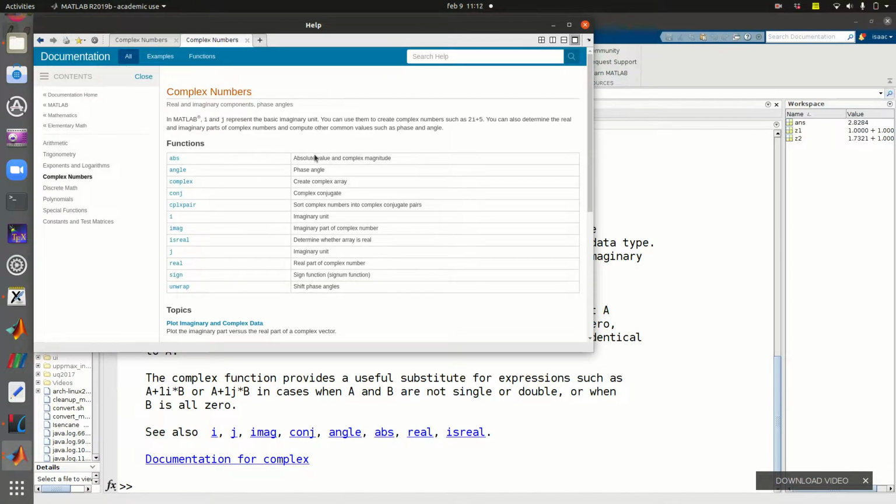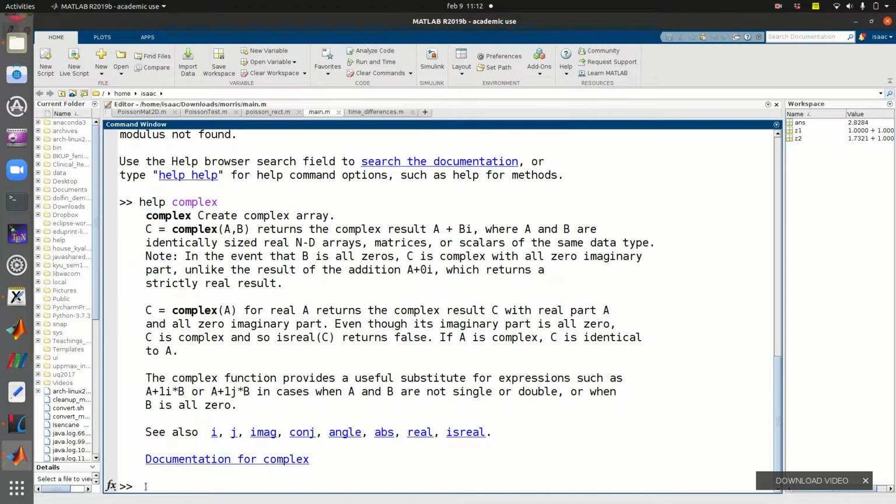I can see absolute value and complex magnitude, abs, then angle, phase angle, and so on. So I know that if I want to find the complex magnitude, what I'm going to do is say abs, and then we want the complex magnitude of z1 times z2.